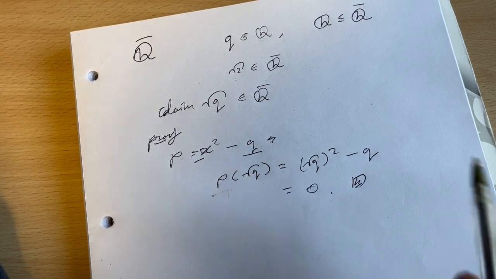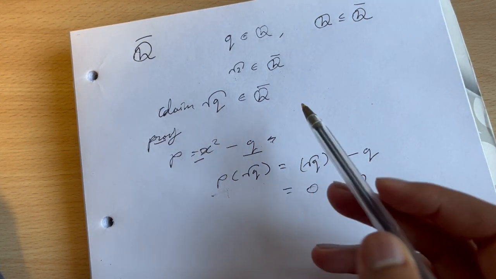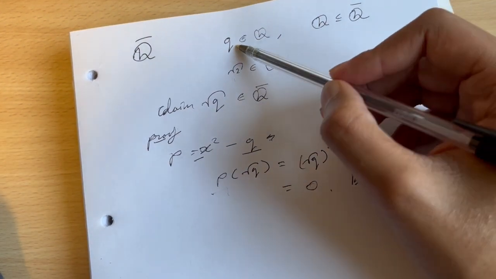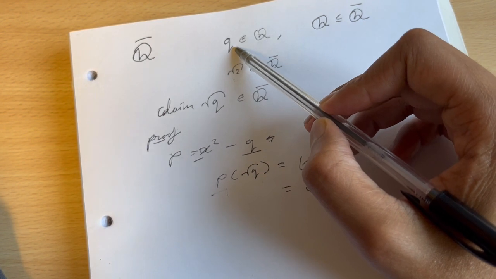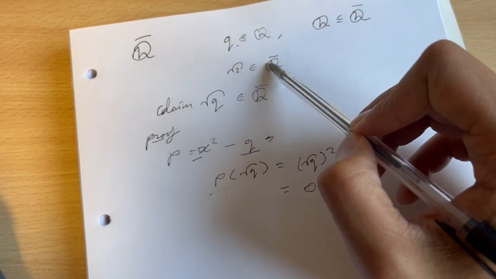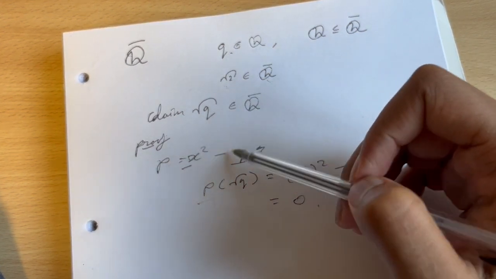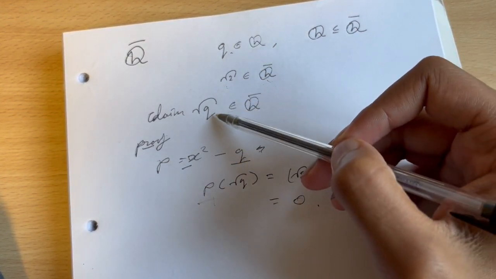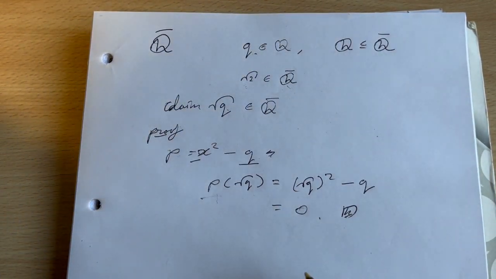Okay, I hope that made sense. So what we have now is that every rational number is algebraic, and every square root of a rational number is also algebraic.